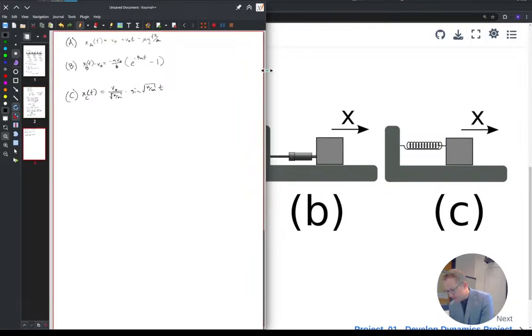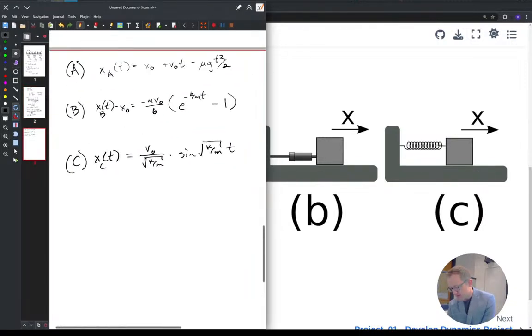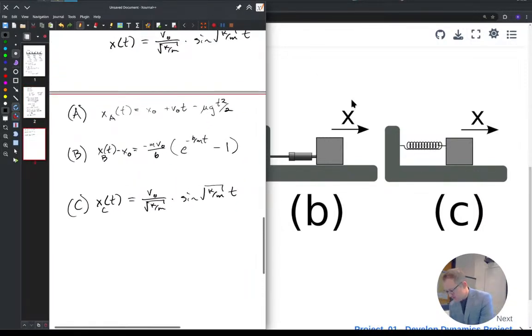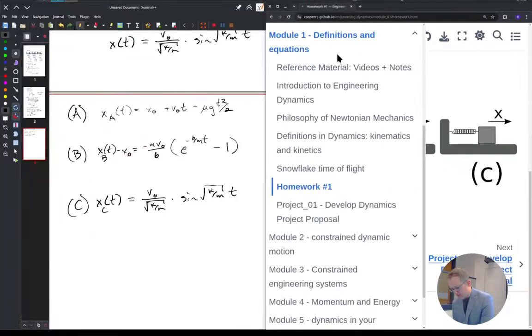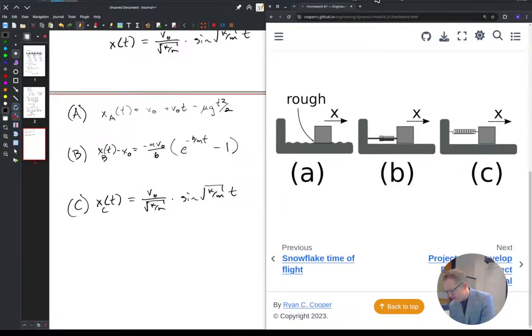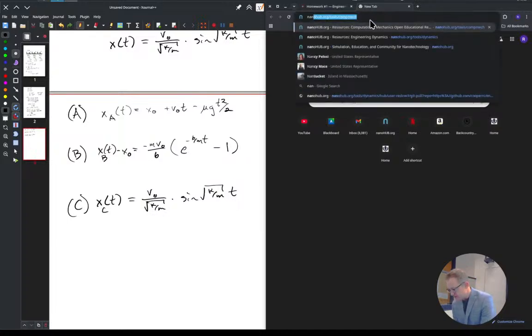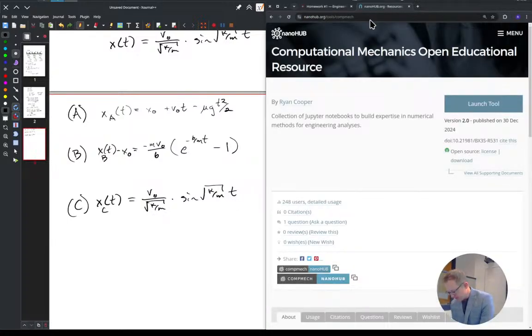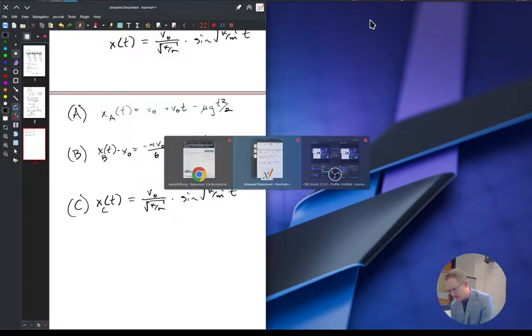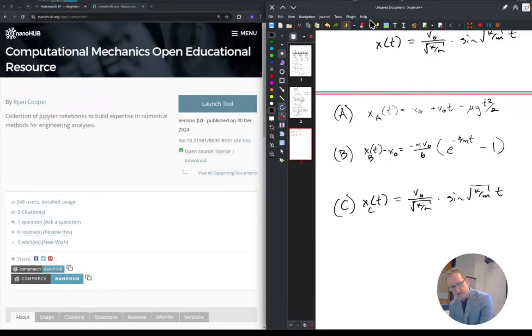So move this one over. And then pop this one over. So we got a side-by-side view. Actually, maybe we'll put this one over here and that one over there, right?